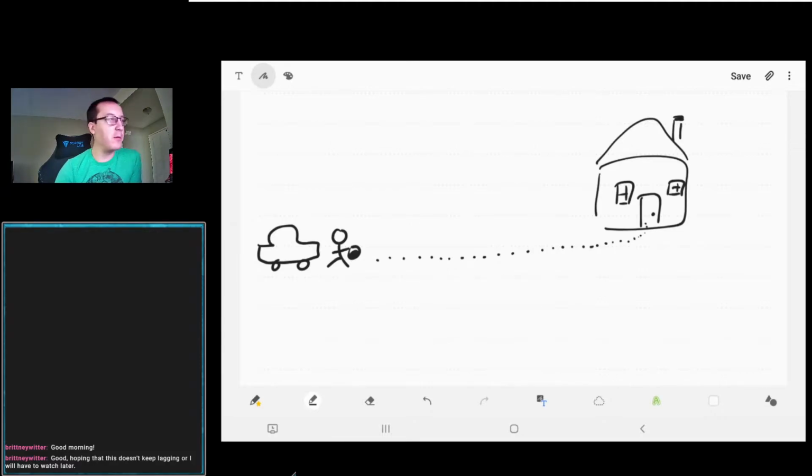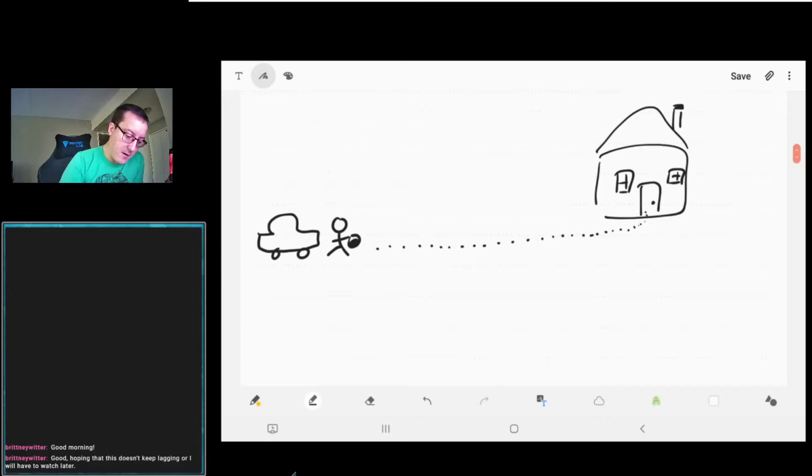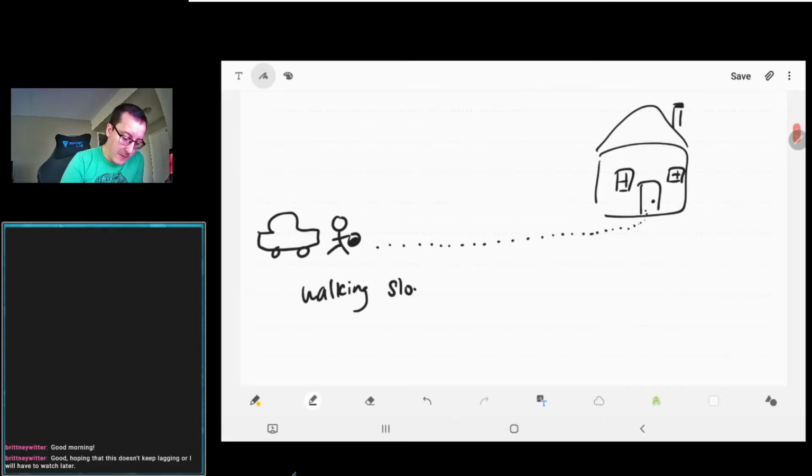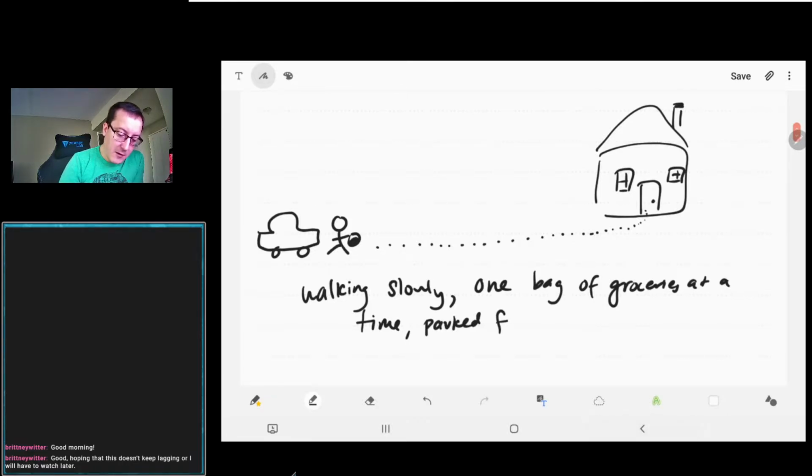And then I'm going to go back and do it again until all the groceries are done. So let's say I am walking slowly with one bag of groceries at a time, and I've parked far from the house.